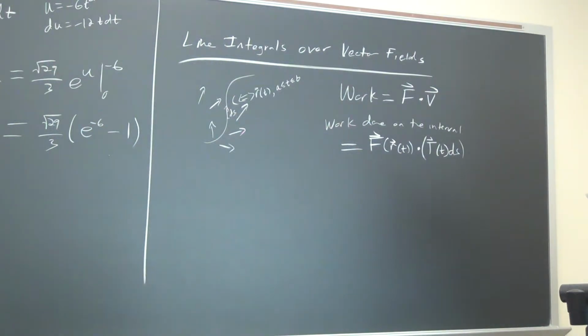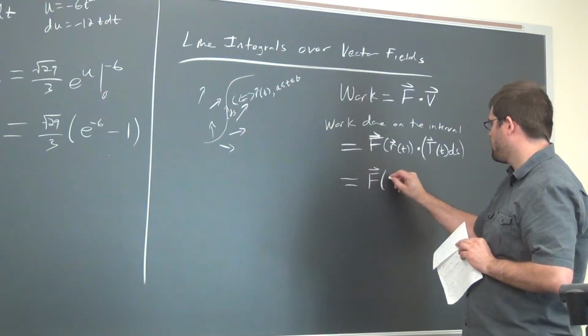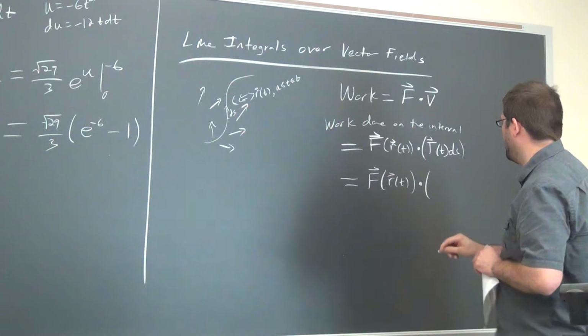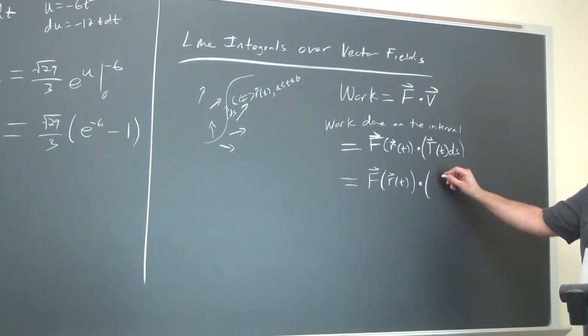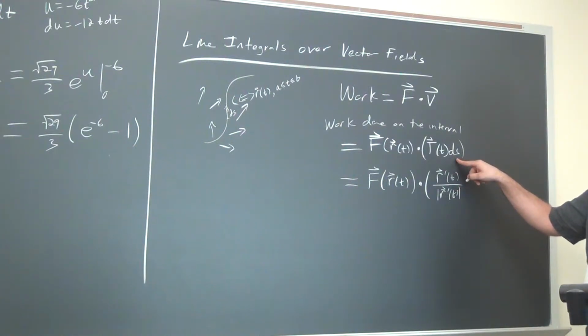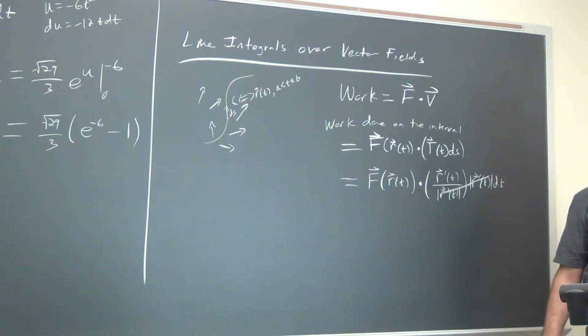And so what you end up with, well, let me just write this out. So what's the equation for the tangent vector? r prime of t over magnitude of r prime of t. And what was ds? Magnitude of r prime of t dt, right? So you get those canceling out.